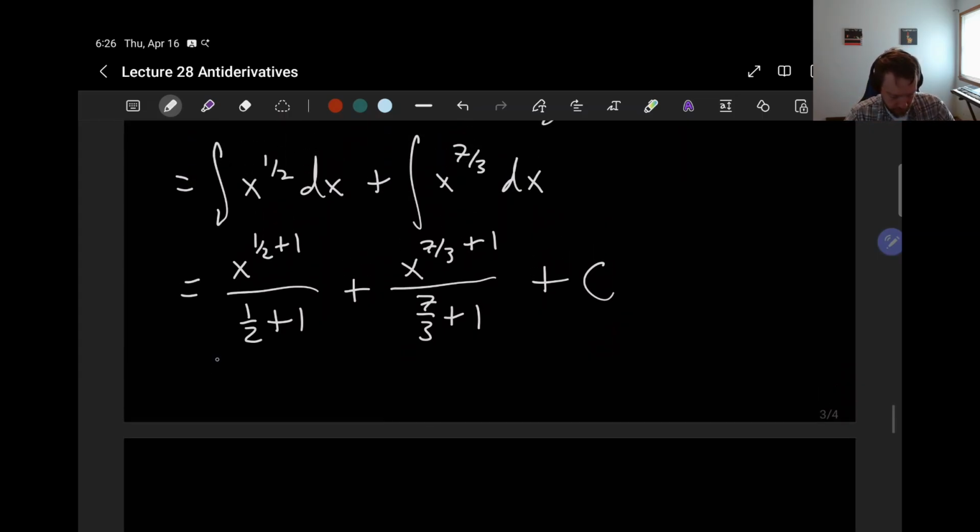All right, so 1/2 plus 1 can be rewritten as 3/2. So x to the 3/2 divided by 3/2. Here, think of 1 as 3/3, which will give us 10/3.